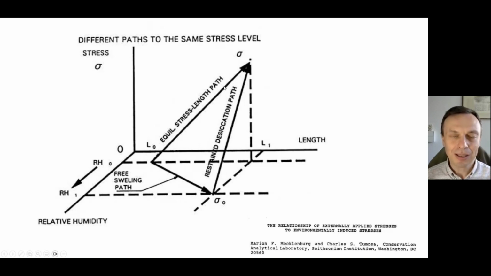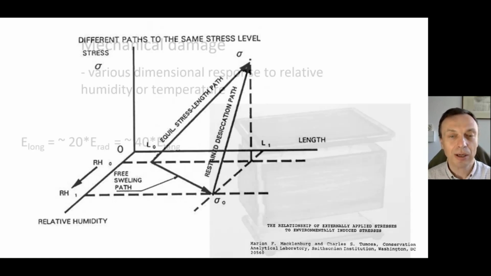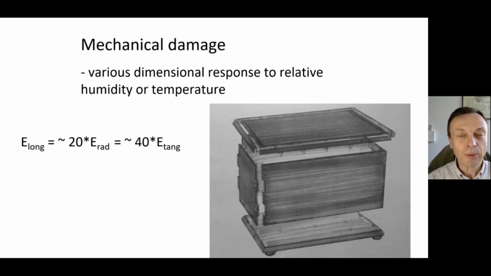So applying the external load, and changing relative humidity while restraining the material in the movement, can produce the same stresses. In fact, they are equivalent. So returning to our Mazarin chest, we can ask the question, what is the restraint in this case? Here you can see the construction of the chest and the lead, and here there is a plank cut in the radial direction, and there is a frame of hinoki wood cut in the longitudinal direction.